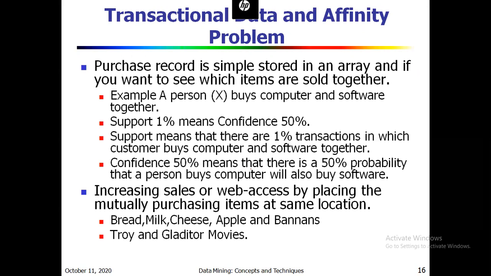So in the affinity problem, we check which items are purchased together, and we apply some rules to check the purchase of items together with some level of support and confidence.